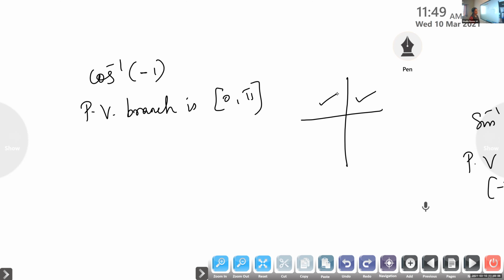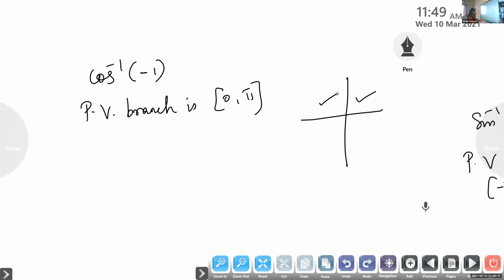In which quadrants? 2 and 4? Is it 2 and 4? 2, 3, 4? What is the form I gave?